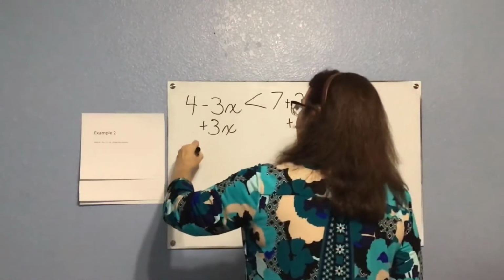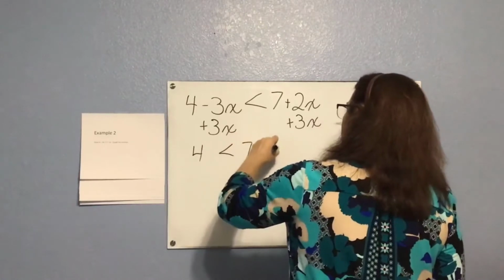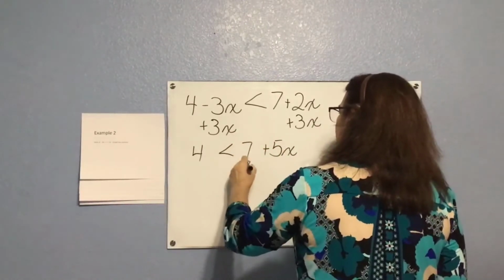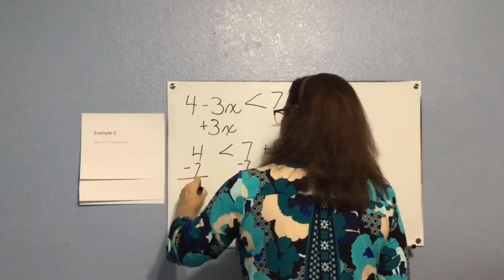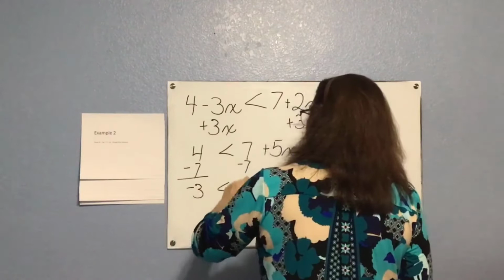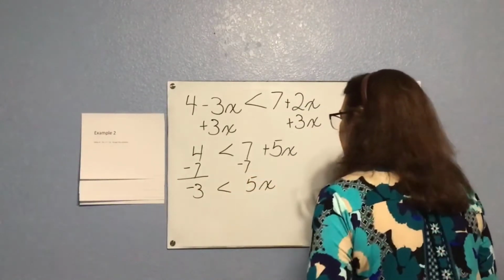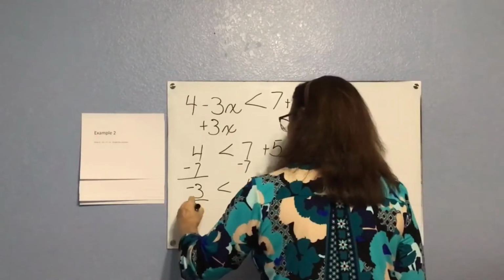So since this is negative, I'm going to add 3x to both sides. So now I have 4 is less than 7 plus 5x. And then I can subtract 7, which gives me negative 3 less than 5x. My next step is to divide by 5.